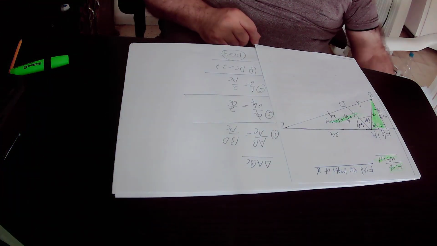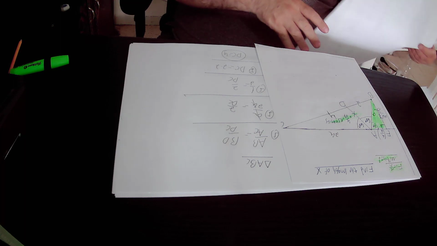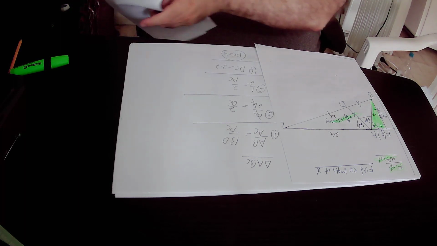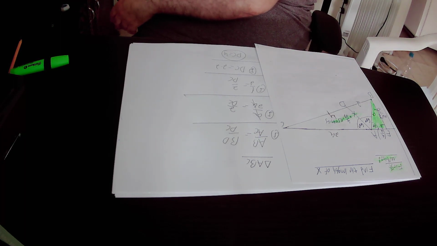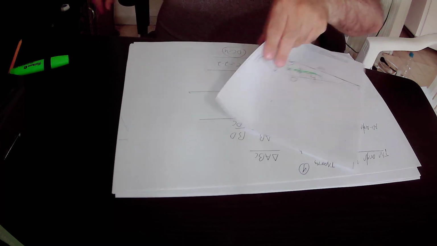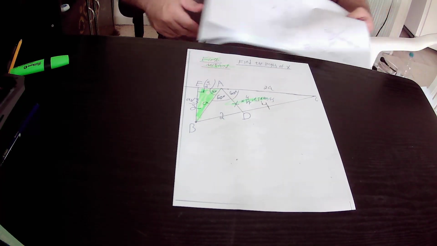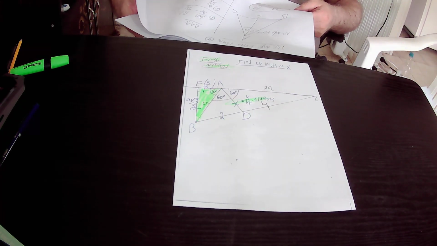We start with the first method. So here we have triangle ABC.